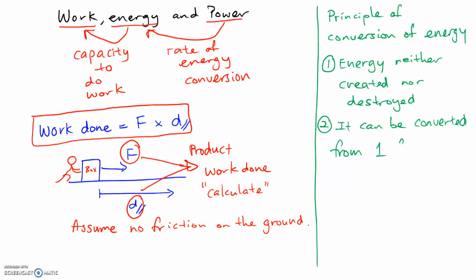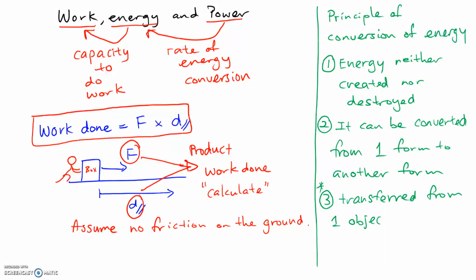Okay, so when it's converted from one form to another form, we are looking at things like, for example, conversion from, say, GPE to KE, gravitational potential energy to kinetic energy, from chemical potential energy to gravitational potential energy, and so on and so forth. The third one that is actually not inside your textbook is the fact that it can be transferred from one object to another object.